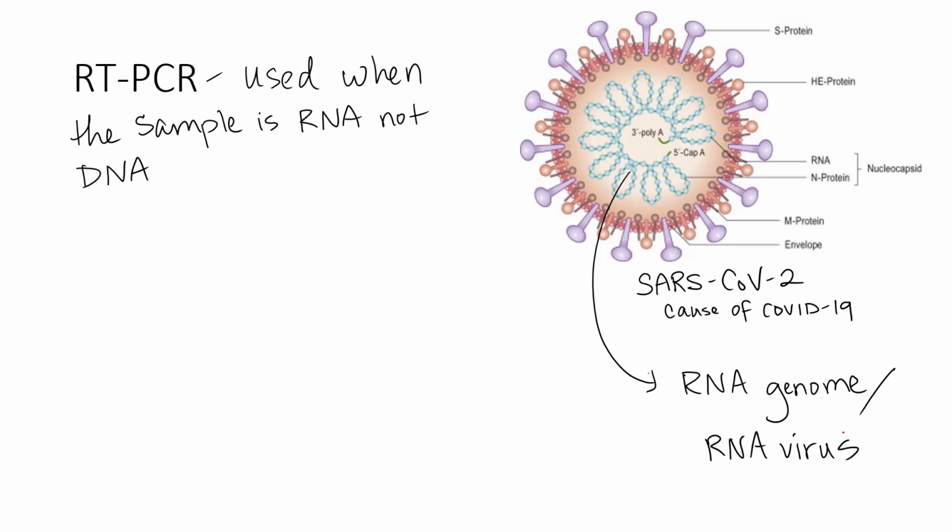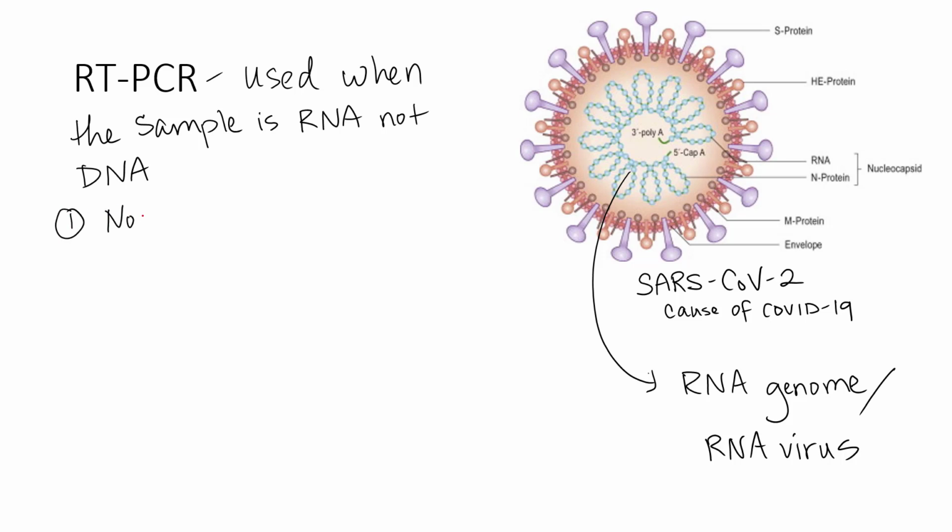And so every viral family has its variation on this theme. Some of them have DNA, others have RNA, but they never have both. They have one or the other. So the coronavirus family has an RNA genome. So if you want to detect if somebody has this virus in their respiratory system, the first thing they're going to do is a big swab.